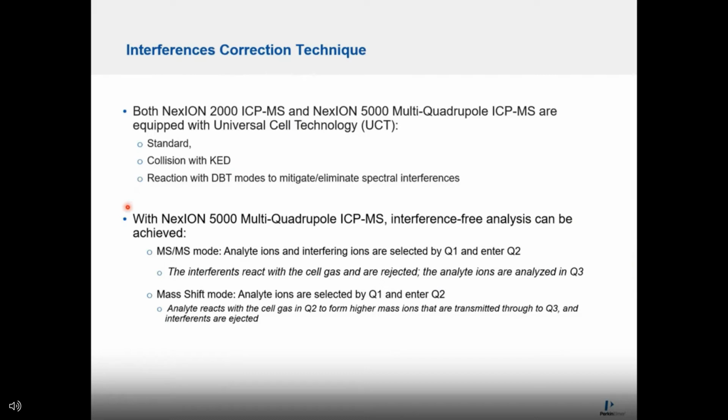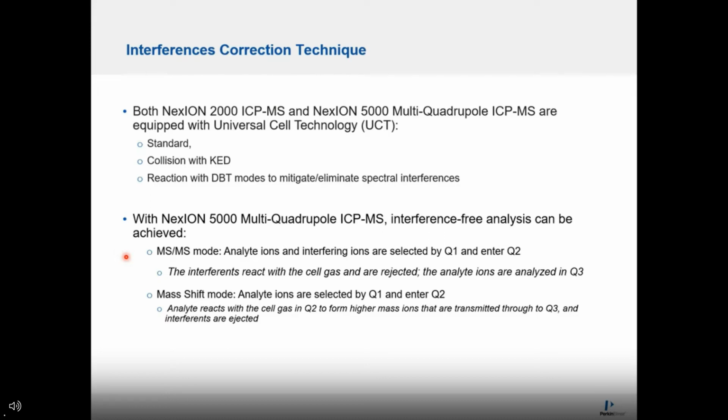Now, with the NexION 5000 multi-quadrupole ICP-MS, there are two basic processes, MS/MS and mass shift mode, to achieve interference-free analysis. With the on-mass MS/MS mode, analyte ions and interfering ions with the same mass are selected by Q1. Once they enter Q2, the interference reacts with the cell gas and is rejected, and the analyte ions are analyzed in Q3.